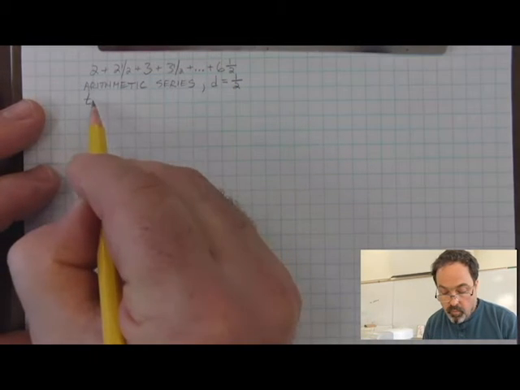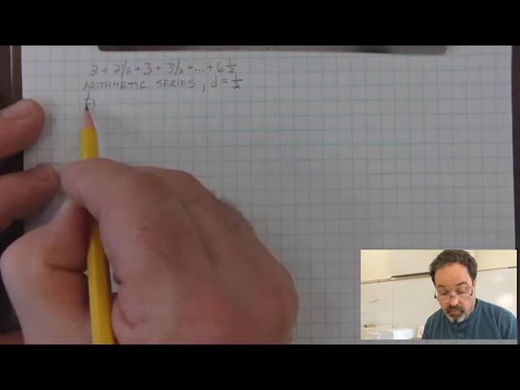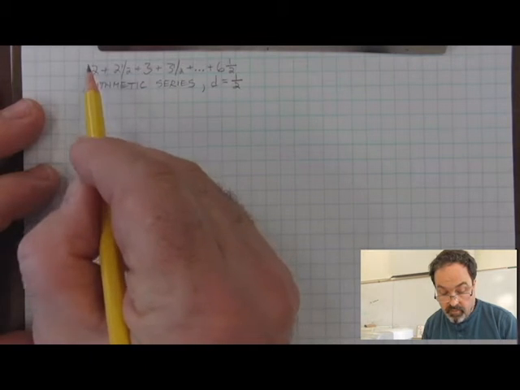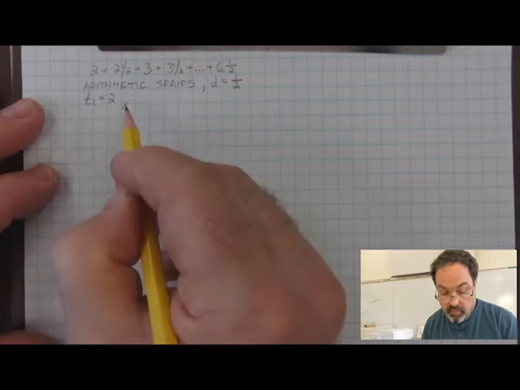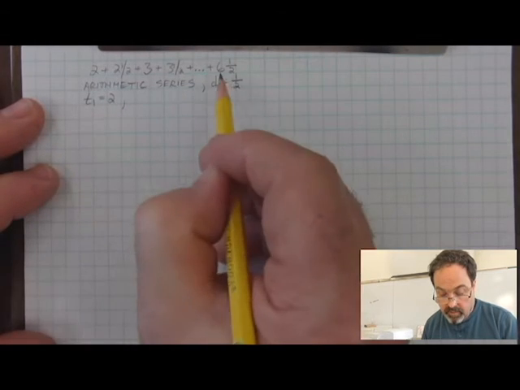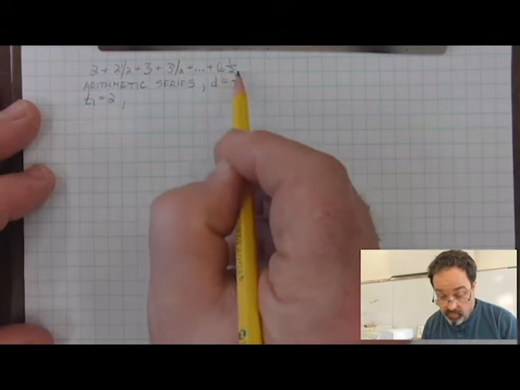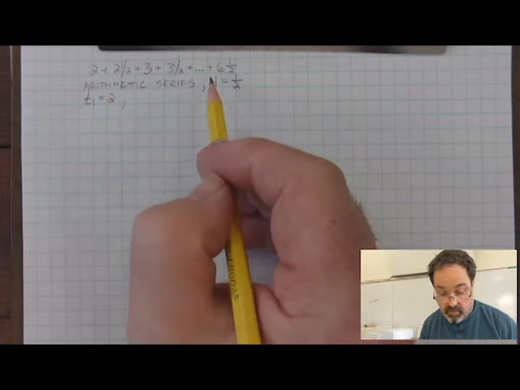So we have notation to express term number 1. If the initial term is term 1, then its value is 2. We also have a last term, but it may not be obvious what term number this is. We might have to count.